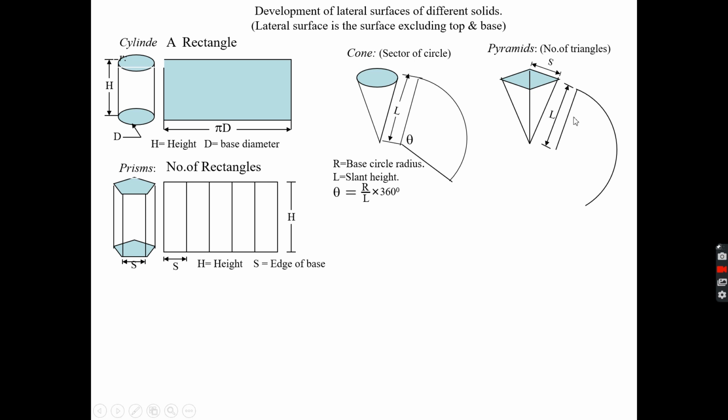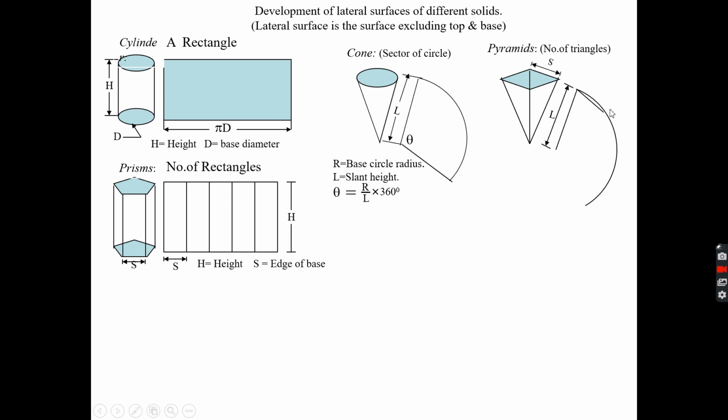Now you know this width of the base. Okay, what you can do here is take this point as a center and this base length as a radius, and mark an arc in this sector of the circle.